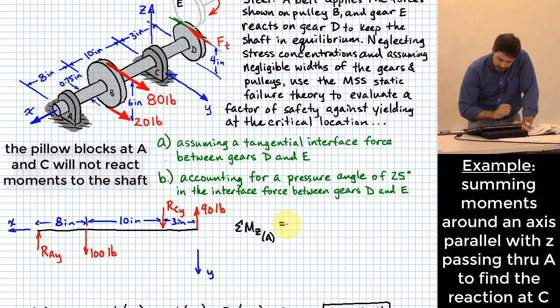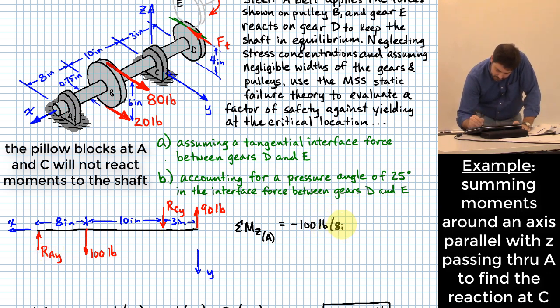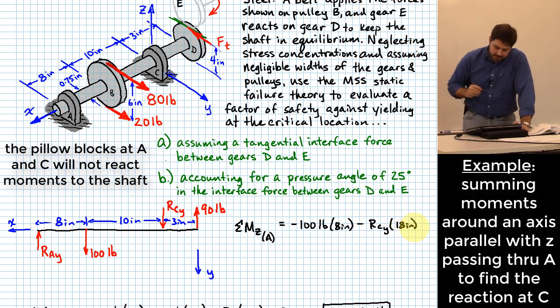That 100 pounds acting around A would be in a negative direction, right? 100 pounds times 8 inches. What else? Times RCY times 18 inches.